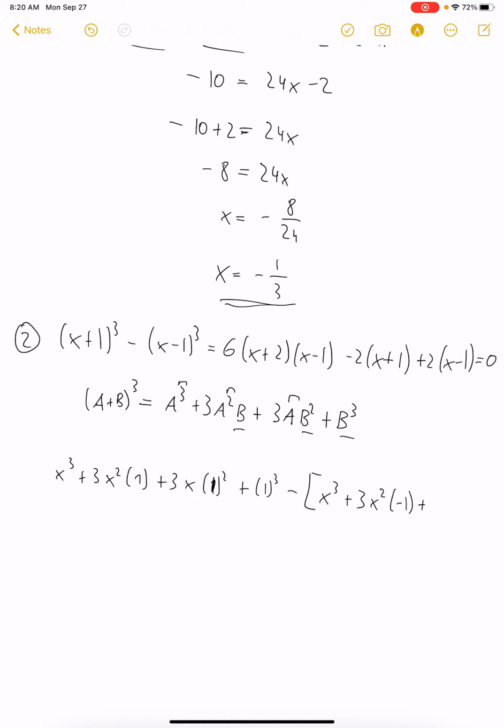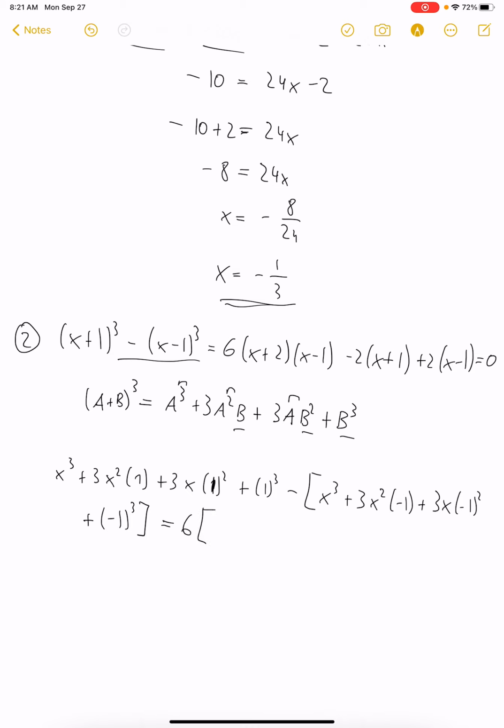Then we have plus 3 times x times b squared. Then we have plus b cubed, which is minus 1 cubed. And we close the big bracket, so we dealt with this term. And this should be equal now to 6 times.